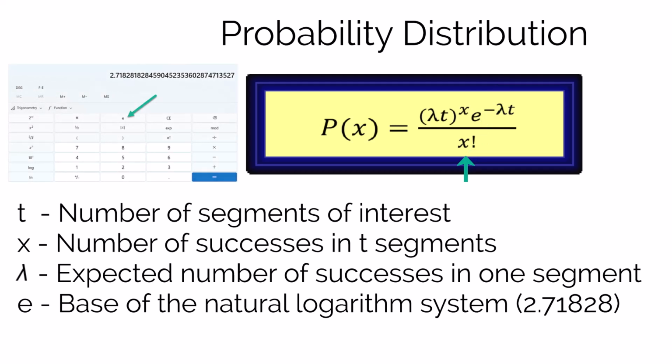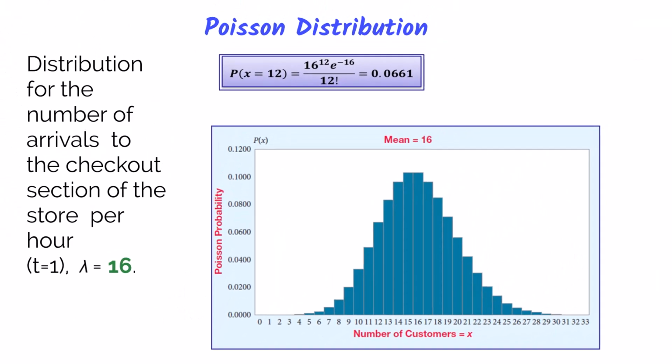So if you recall from the last video, factorial is when you multiply the number by every number below it down to 1. So again, factorial of 4 is 4 times 3 times 2 times 1. Again, if you have a calculator with the factorial button, this will do it for you, so you don't have to do it manually.